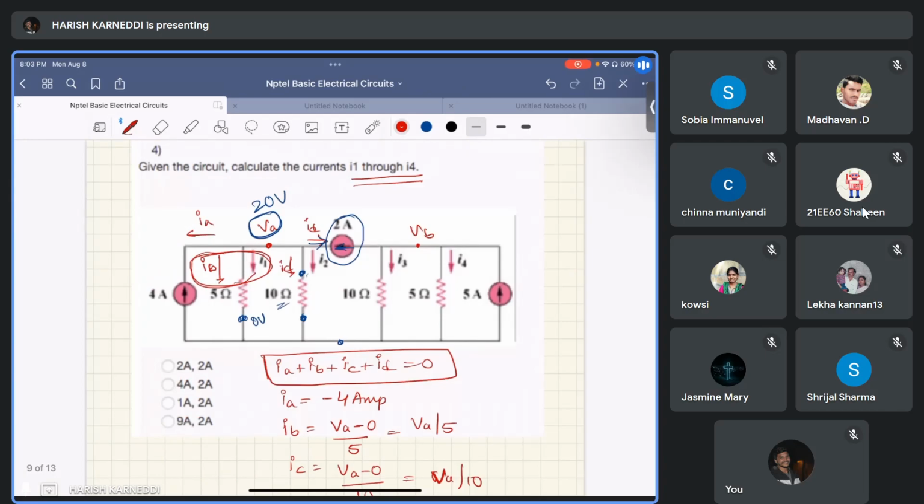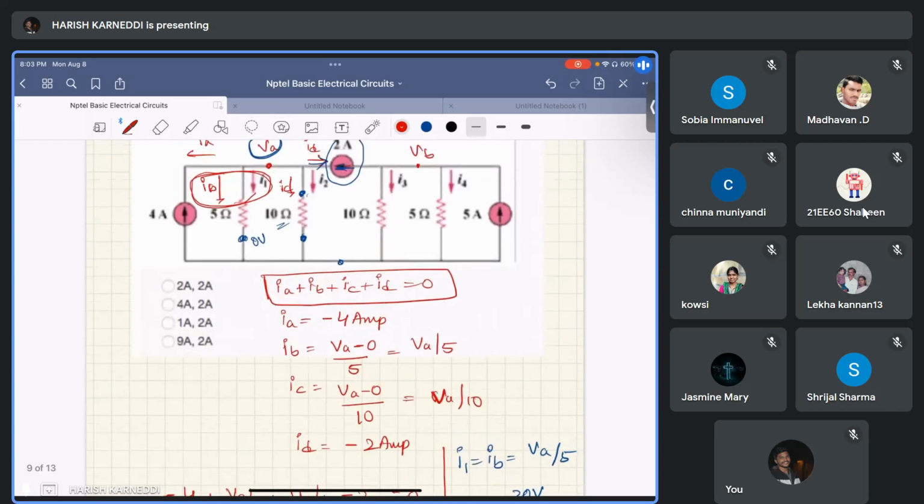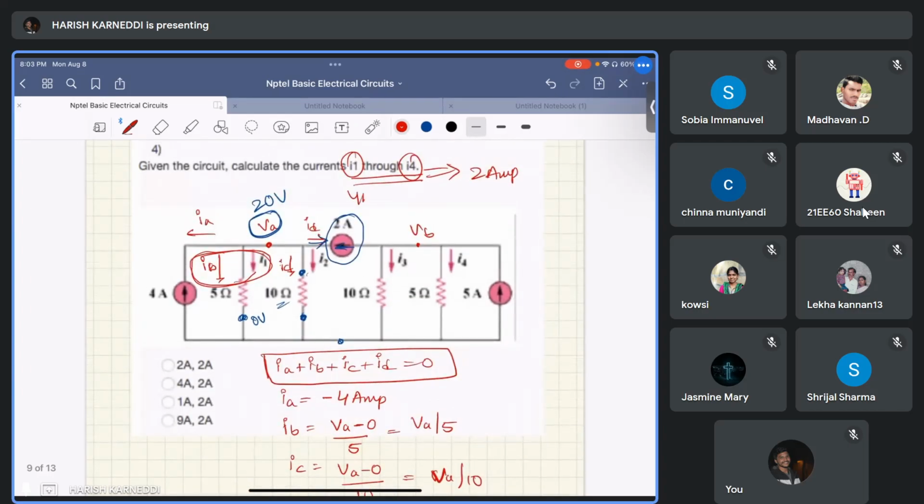So I4 equal to 2 amperes, and this I1 equal to how much we found out? I1 equal to 4 amperes. So the option is 4 amperes and 2 amperes, that is option B. Is this clear?